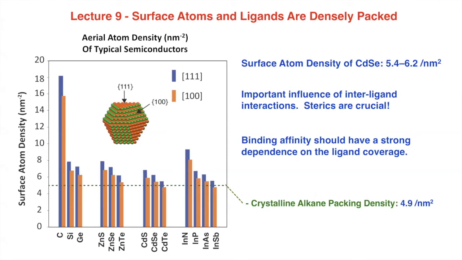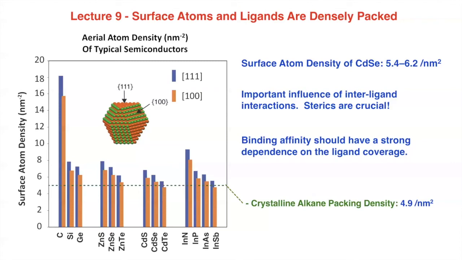And as you expect, the bigger the atoms in the crystal, the less densely packed the surface atoms are. But perhaps surprisingly, or I certainly found it surprising, for all of these materials, except for the very largest atoms, say cadmium telluride or indium antimonide, the atom densities are much higher than the alkane chain packing density.